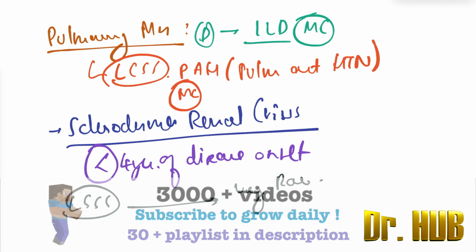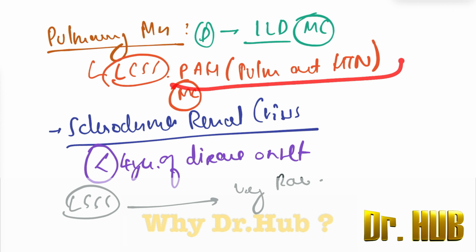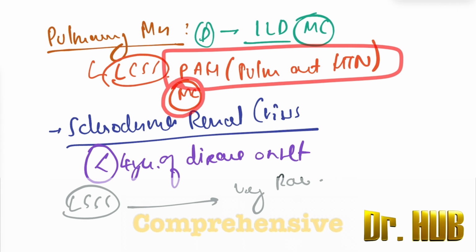So let's recap. We discussed the pulmonary manifestation. In case of the DCSS, the diffuse type, ILD, that is interstitial lung disease, is more common. In case of the LCSS, the limited cutaneous systemic sclerosis, PAH, that is pulmonary artery hypertension, is more common.